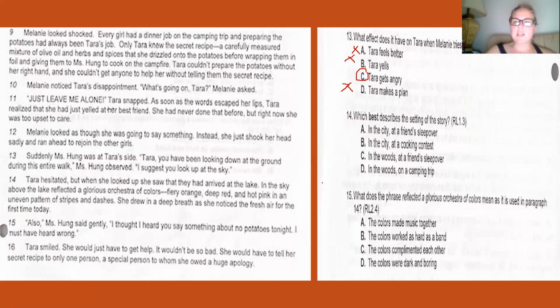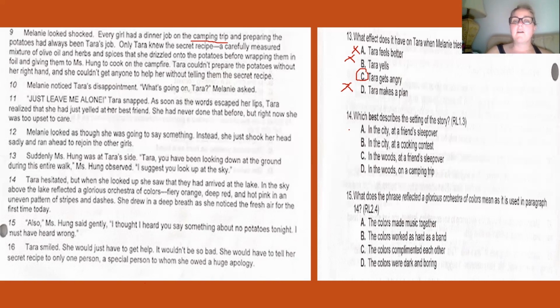14, which best describes the setting of the story? As I was looking through this before we started, I thought, oh, I don't know which between two of the answers. So they're out camping, and it says right here, if you look, on the camping trip. So you kind of have to look farther along in the text. At the beginning, it talks about them being in the cabin, and so we don't really know.